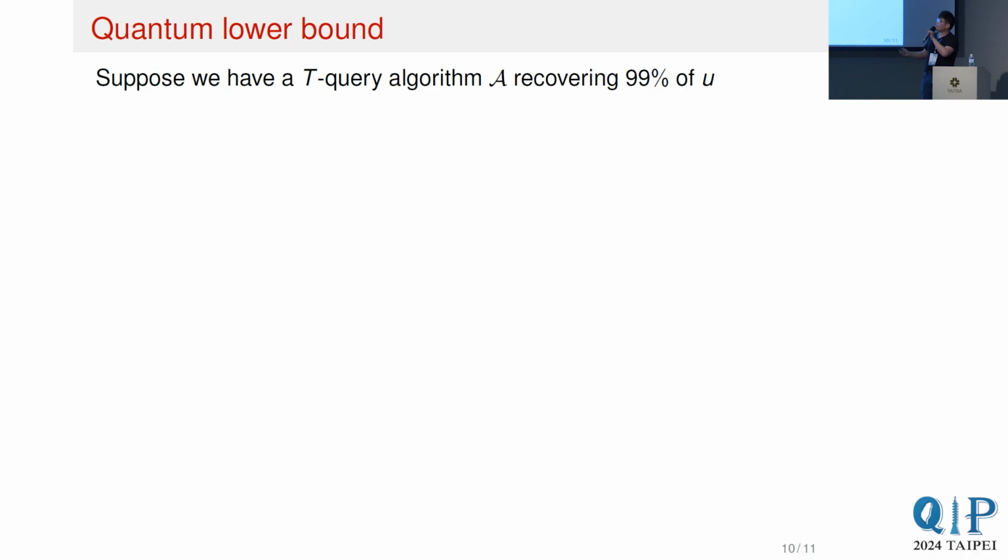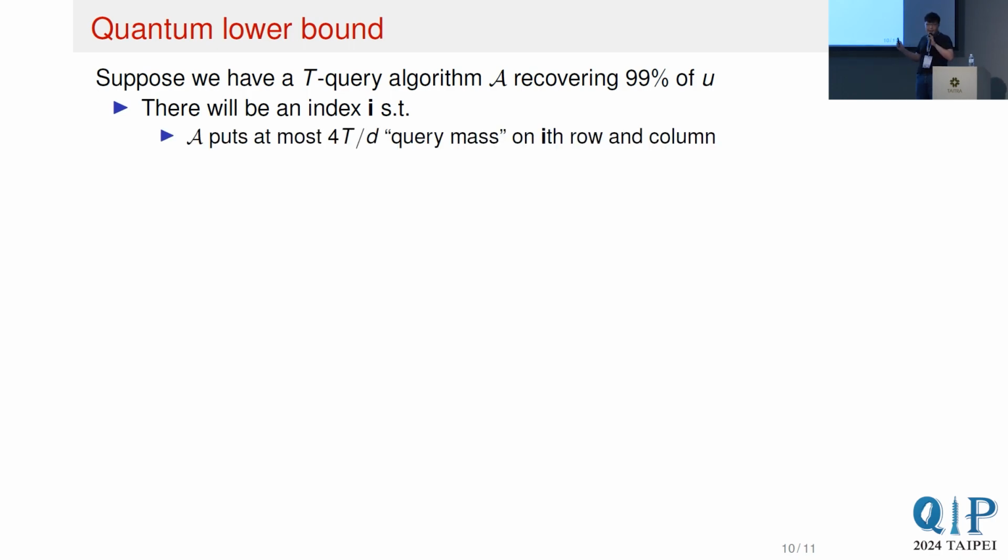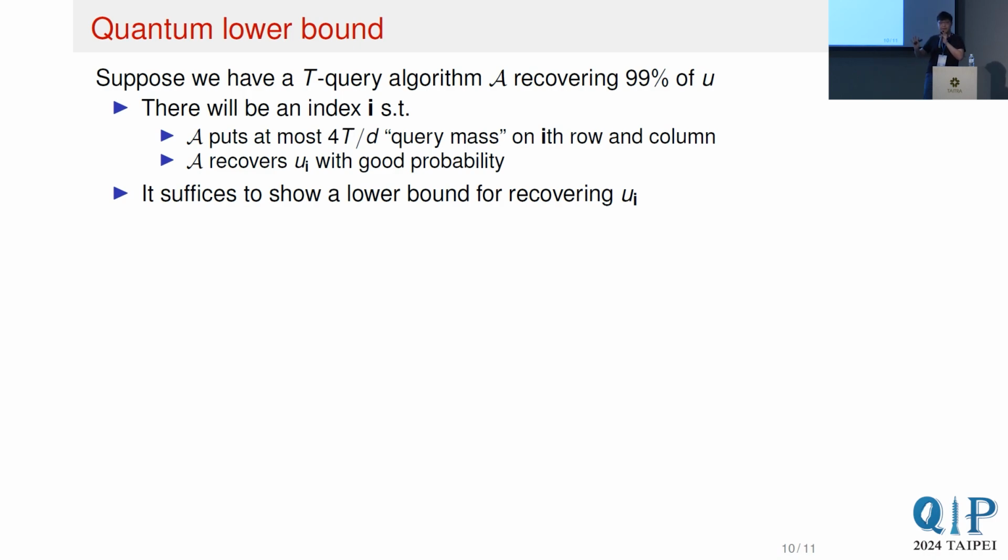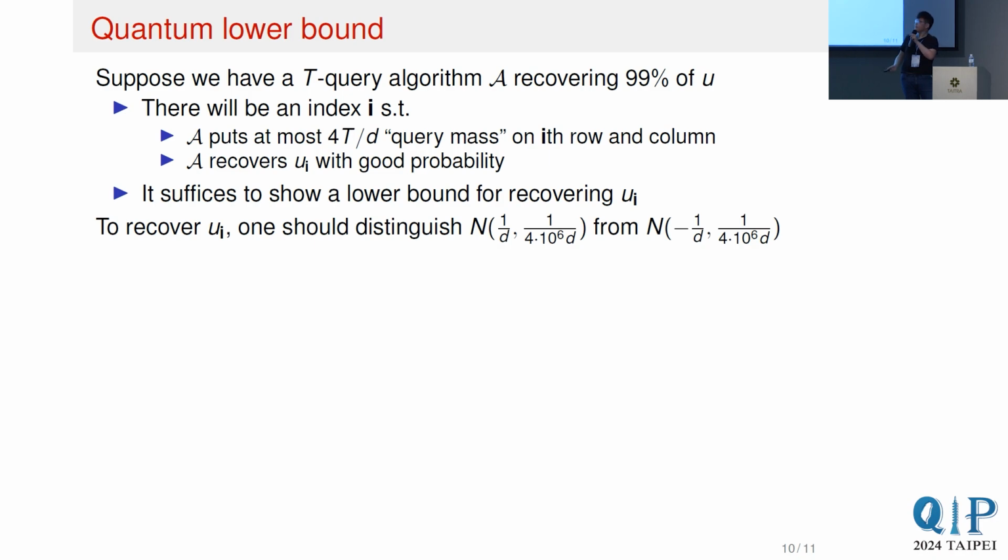Now, what happens for the quantum lower bound? Suppose we have a quantum algorithm with T queries to recover, say, 99% of the entries of U. Then, using an averaging argument, we know there must exist an index I such that you only need about T over D quantum queries on the ith column and row to learn the corresponding UI correctly with high probability. So to show a lower bound for learning 99% of the entries of U, it suffices to find a good lower bound for learning this UI.